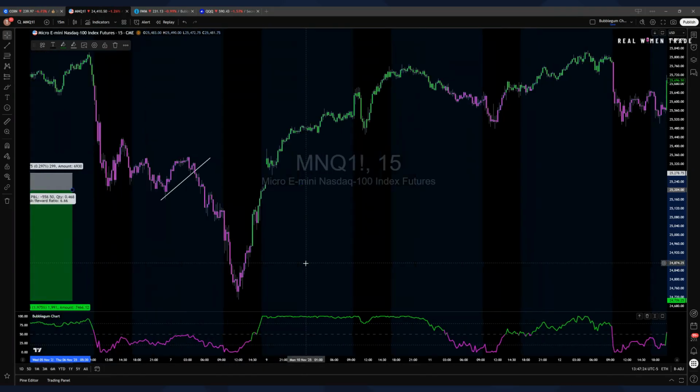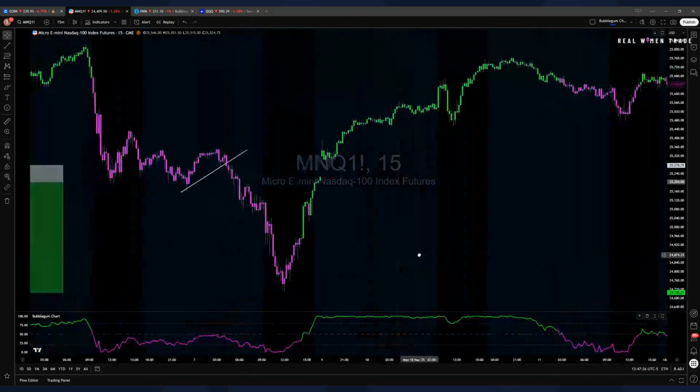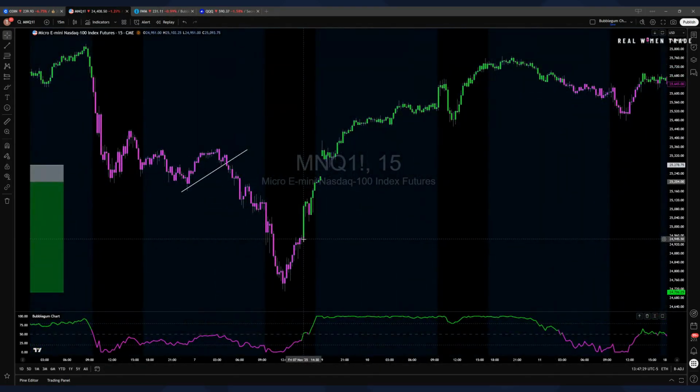We have a very big candle, and on this candle the bubble flow only gets to 50, which tells me I'm not ready to get in because there could be some chop. And as you can see, we went up, we chopped around, made a bull flag, and then on this candle the bubble flow continued to go up towards the 80.